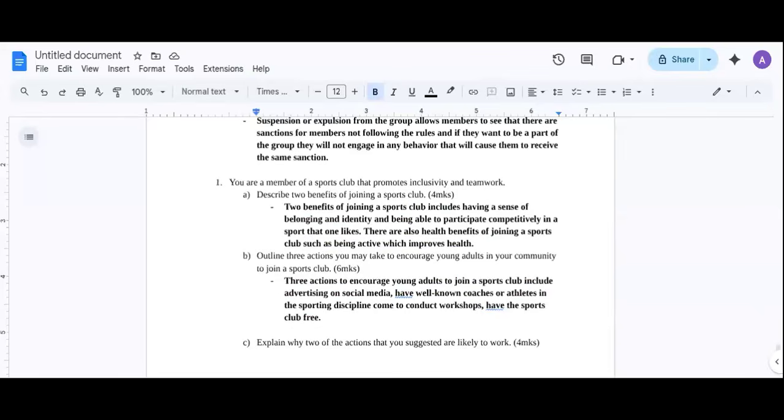So we're using the 3 actions that I have and tell me why it will be successful in encouraging young adults to join the sports club. So we have advertise on social media, have well-known coaches, and having it free.